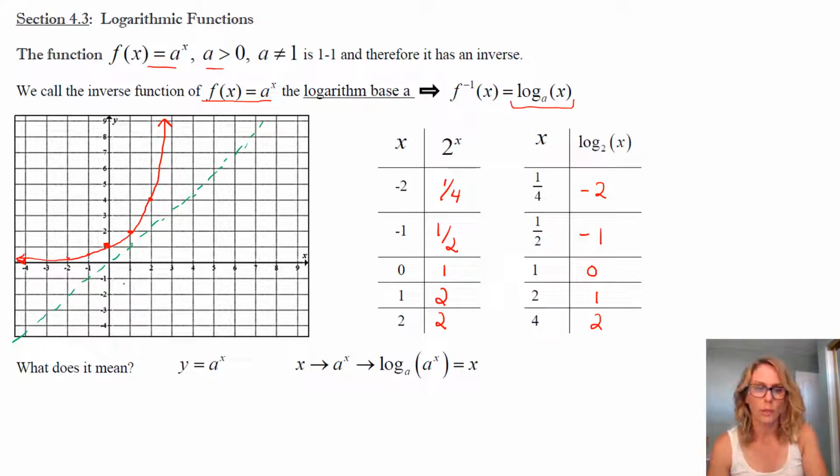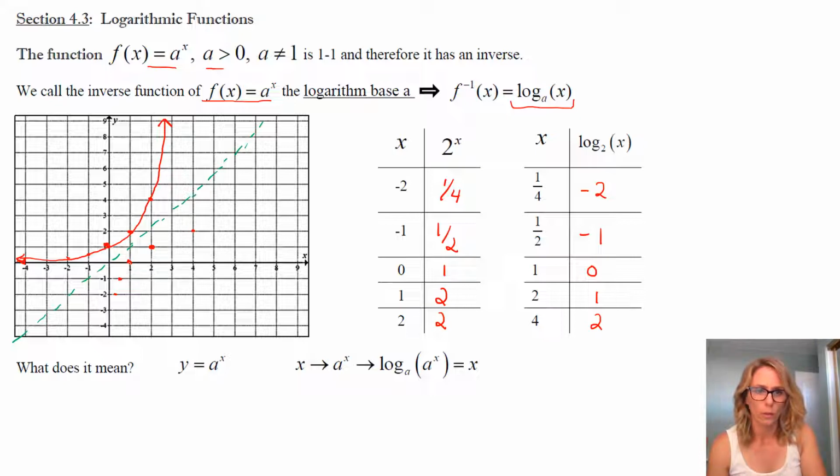When I put my other values on, I have 1/4, negative 2, so I'm down here. Then I have 1/2, negative 1 right here. I have 1, 0, 2, 1, and 4, 2.